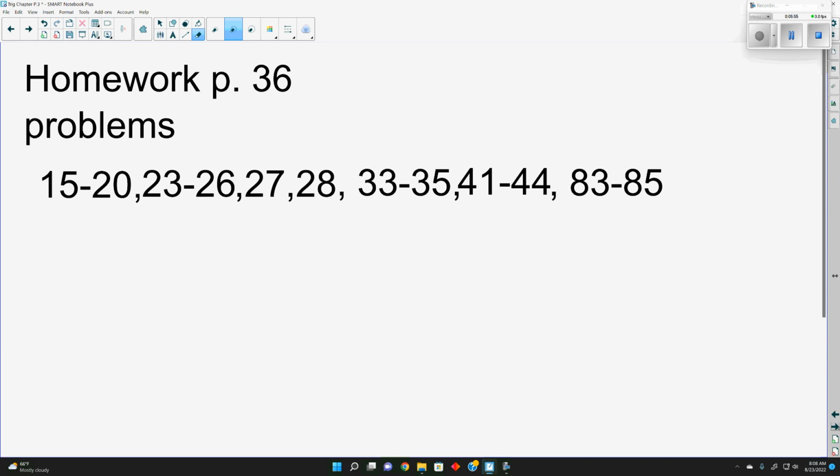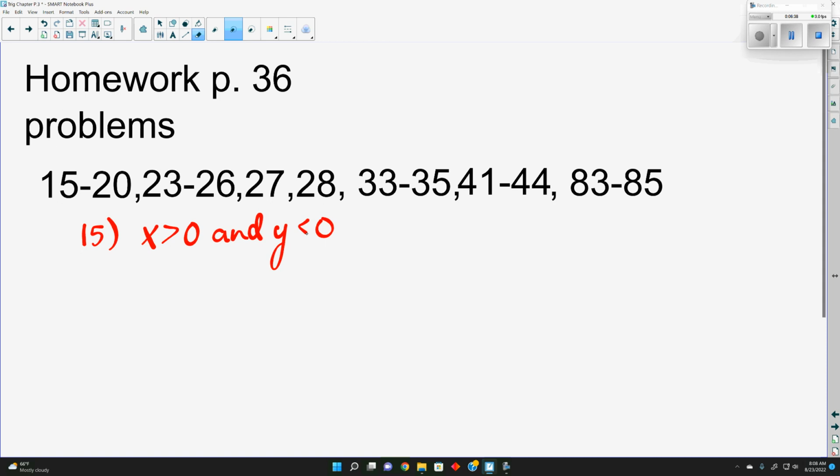So number 15 is told to us is x is greater than 0 and y is less than 0. And what we're talking about with all of these here, 15 through 20, is which of the 4 quadrants? It's asking which of the 4 quadrants it's going to lie in.